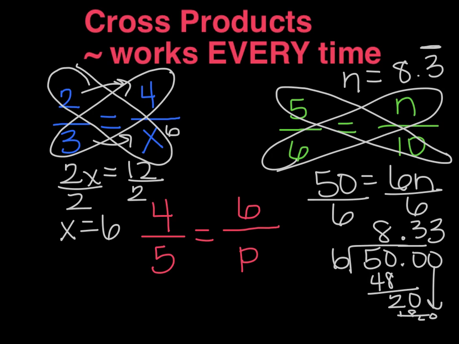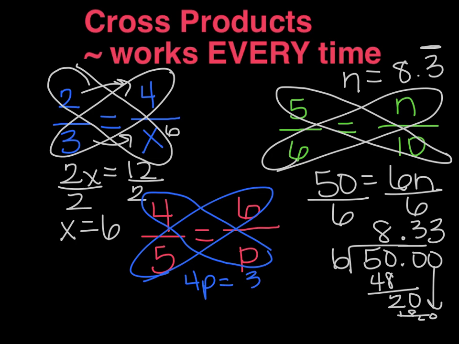And my third example in red, I'm going to solve this one in blue so you can see. I look to see there's no easy relationship between 4 and 6. There's no fraction that I can simplify. So again, I'm going to solve this using cross products. 4 times p is equal to 4p, and 5 times 6 is equal to 30.